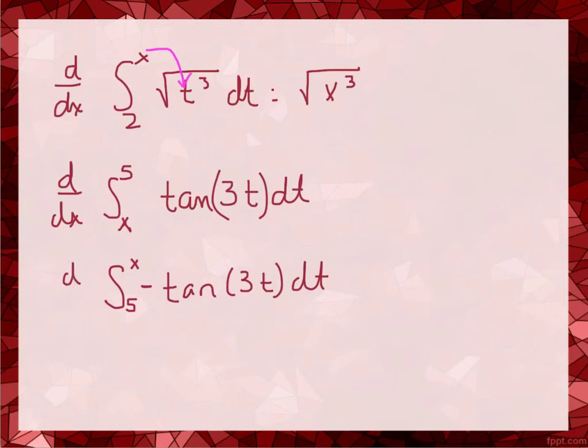We had a property earlier in this chapter that says that we have to change the sign of our answer. Well, the integral now would be negative tangent of 3x.